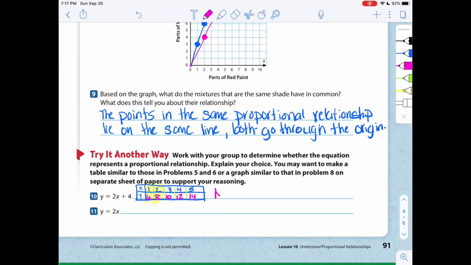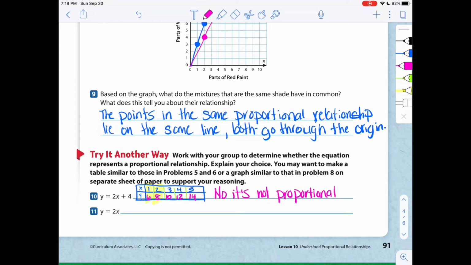So I automatically know that no, it's not proportional. Because when I divide, I don't get the same thing. I don't even have to continue dividing the other ones. As soon as I get one ratio that's not the same as the one before it, I know it's not proportional. So go ahead and pause the video and try number 11.